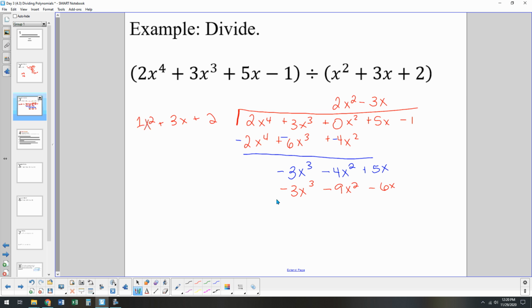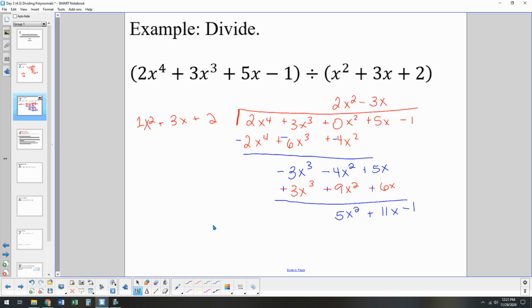So just like last time, we're going to subtract, but now I have to change all the signs again. So that's really a plus, a plus, a plus. So we're going to cancel those. This becomes 5x squared, and this becomes plus 11x. Bring down the negative 1.